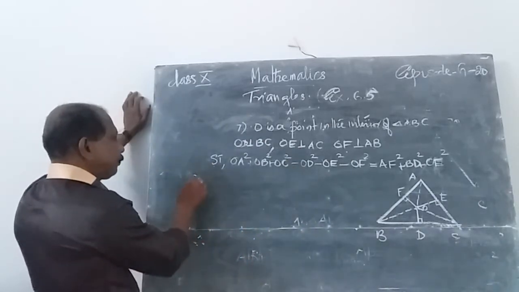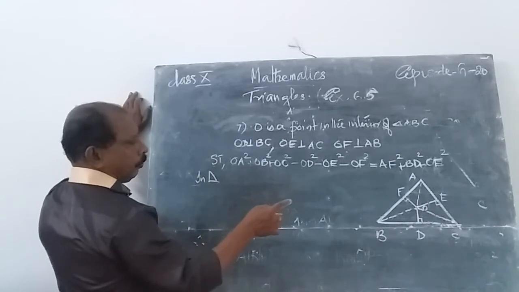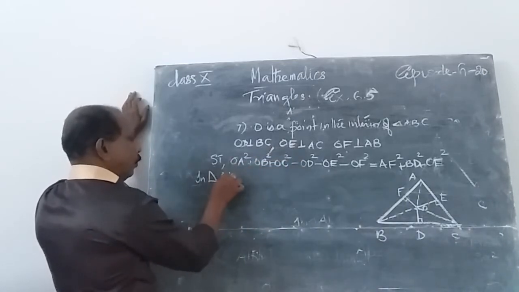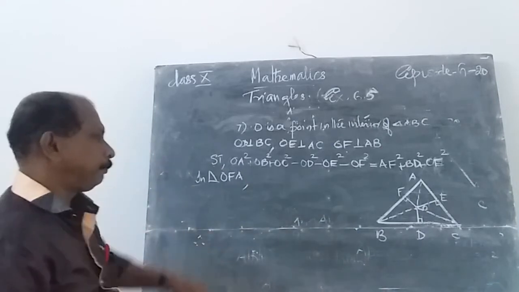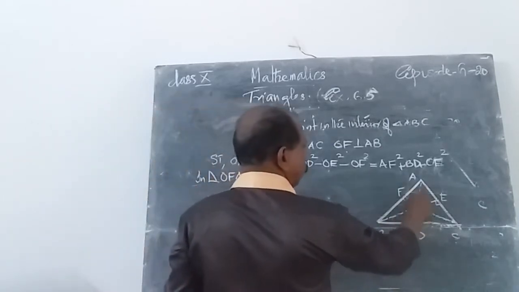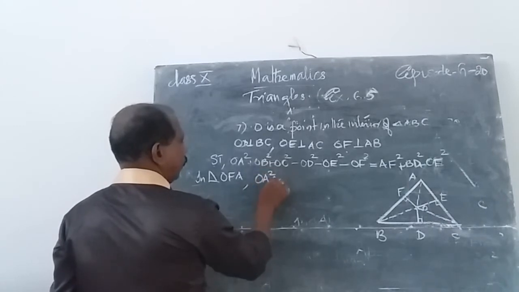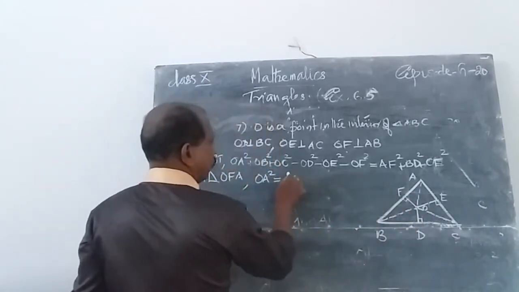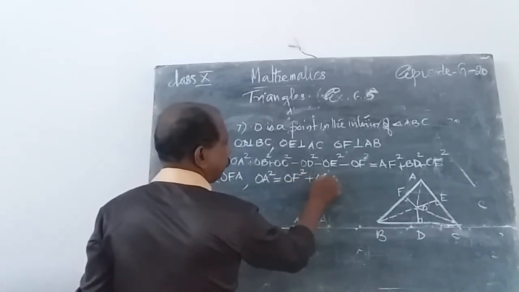Therefore, in right angle triangle OFA, that is Pythagoras theorem, OA square is equal to OF square plus AF square.